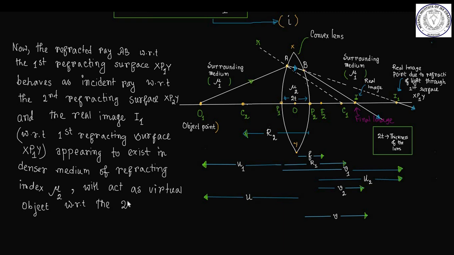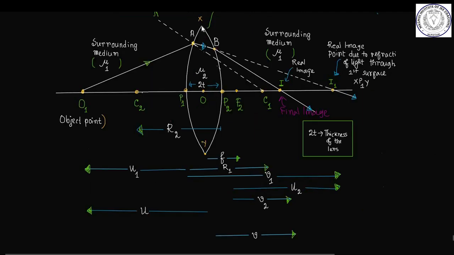That means the real image I1 with respect to the first refracting surface will act as a virtual object with respect to the second refracting surface XP2y.